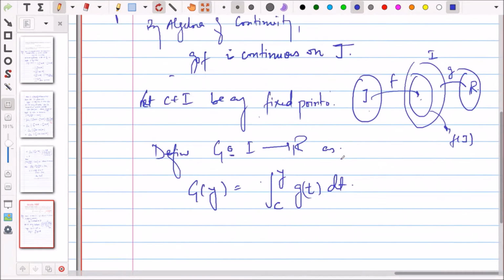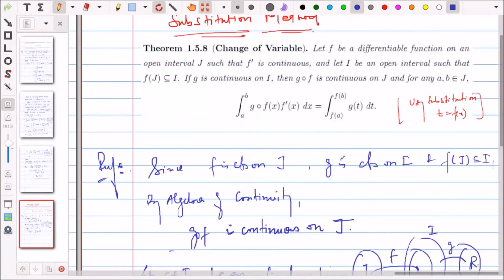Yes, sir. अब g क्या दिया हुआ है हमें? g is given to be continuous, और g continuous है तो क्या होगा?